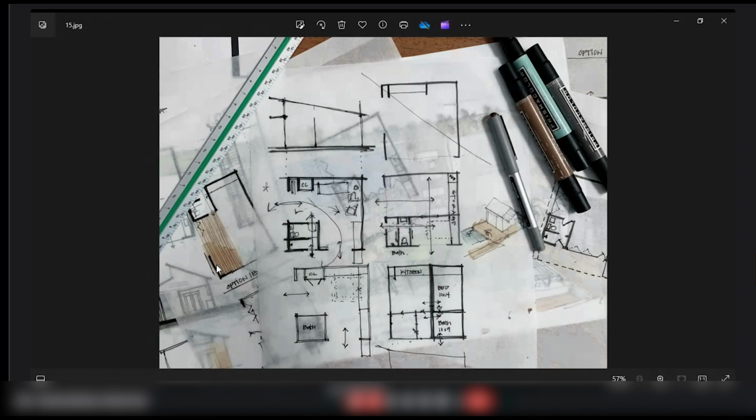Anyone? What exactly is a perspective drawing?